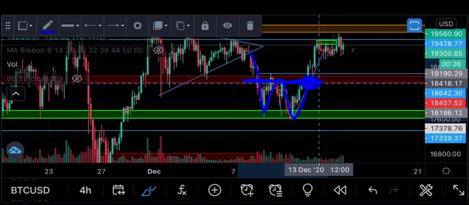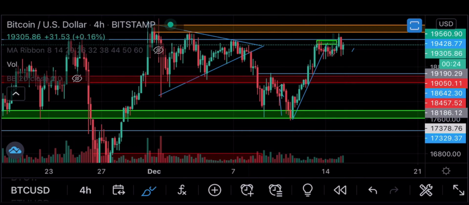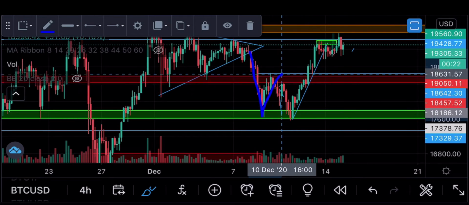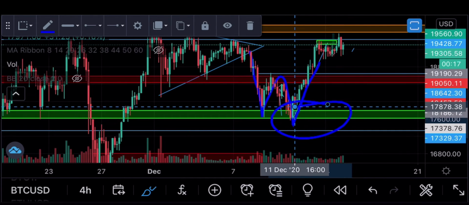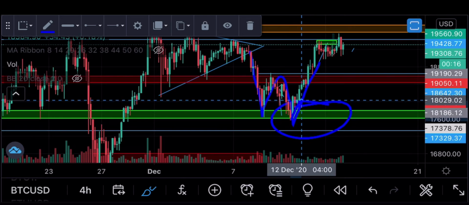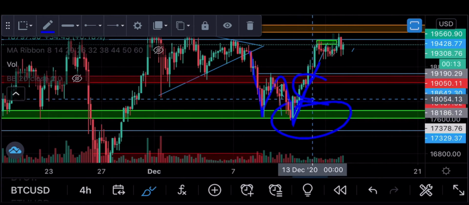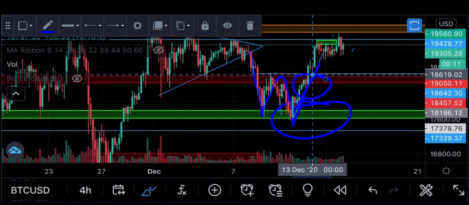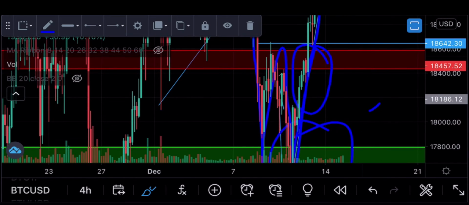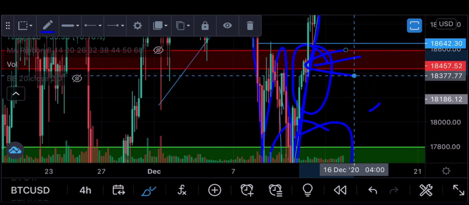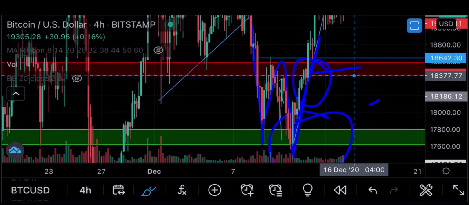And the neckline is formed right here. So we formed a low, high, lower low, but bounced up from this key support level. And when we bounced up, we broke this neckline. This was a nice place to enter a trade right here in this red zone. And if we zoom in, you can see that if you were to enter a trade right about there, you would have made nice profits.